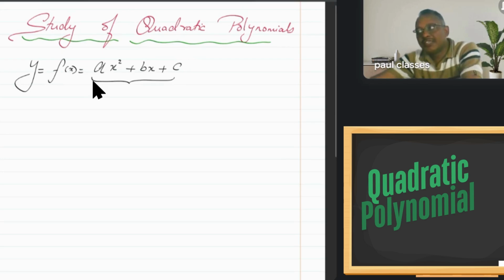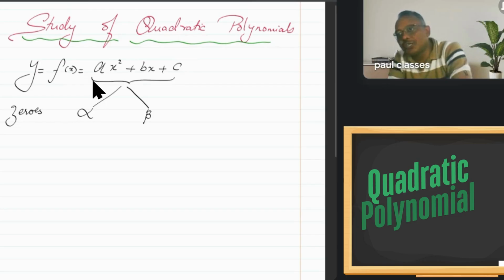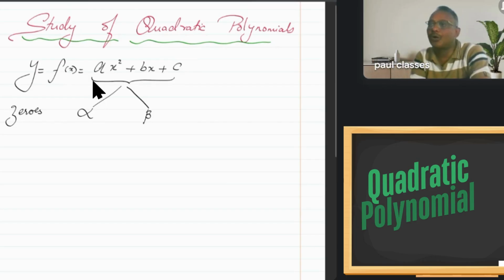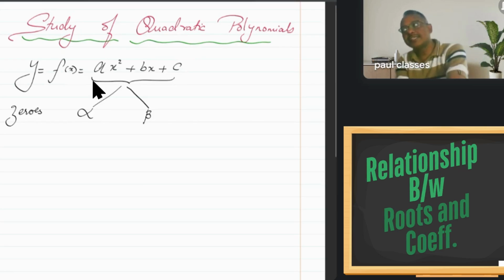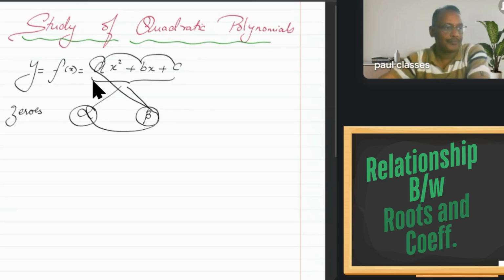ठीक है? This quadratic polynomial may have how many zeros? Maximum 2 zeros. So those 2 zeros I am going to call alpha and beta. Now there is some rishta between alpha, beta and a, b, c.